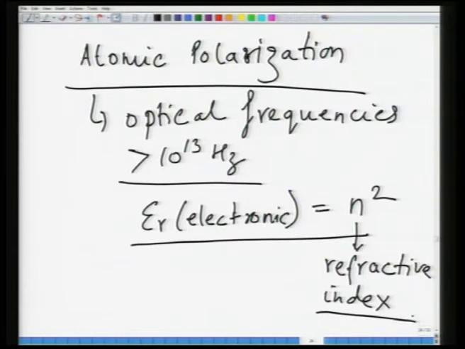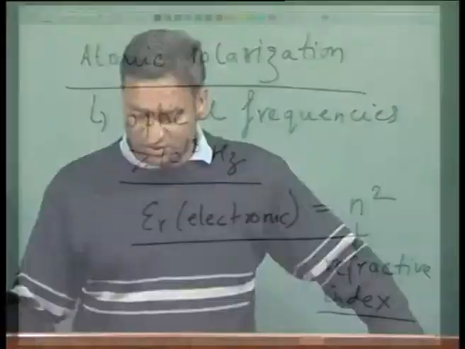The treatment of this exercise can be found in any book on solid state physics. So, if you want to know how this is derived, you can look at any book on physics, solid state physics, such as Ashcroft and Mermin or Kittel. All these books will have that treatment. So, this is a basic relation. Any single elemental material which does not have cations and anions, and where you observe this electronic polarization, this electronic polarization will be equal to n square.